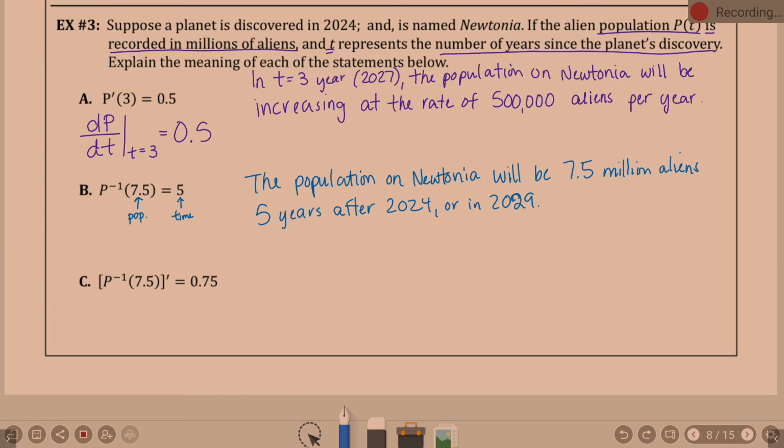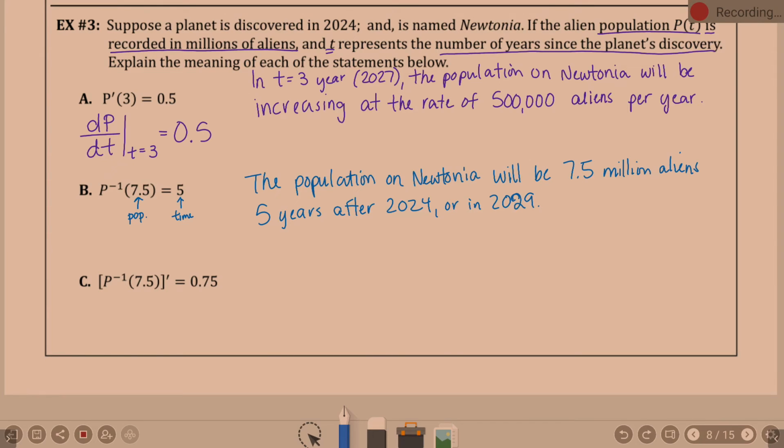Okay, the fun one. The derivative of P inverse of 7.5 equals 0.75. I would guess that it's probably... Well, we gotta start somewhere.